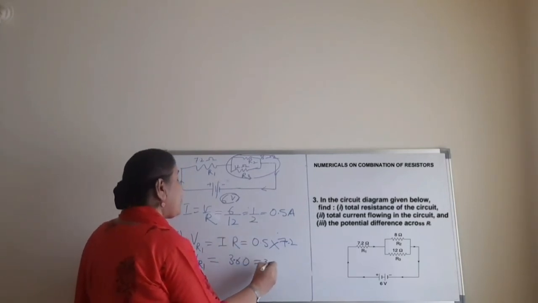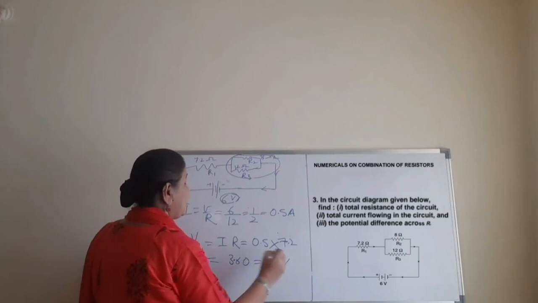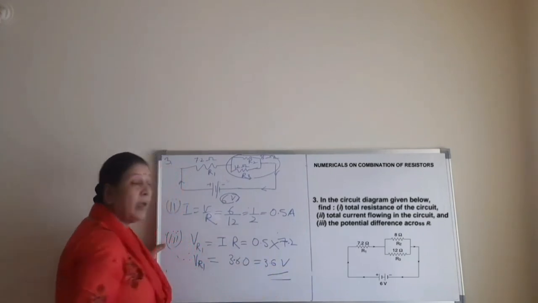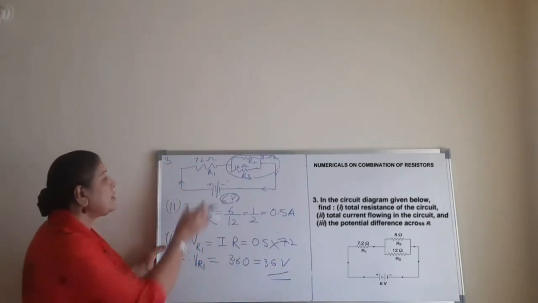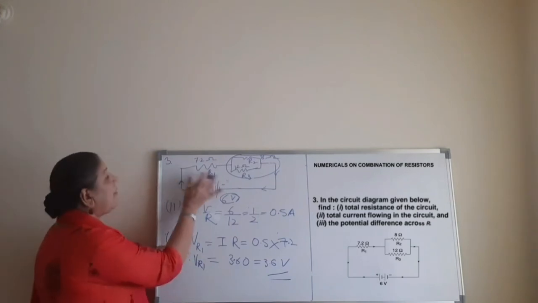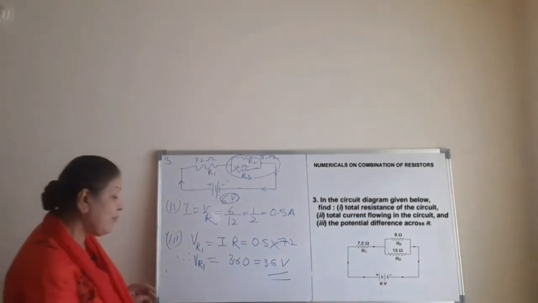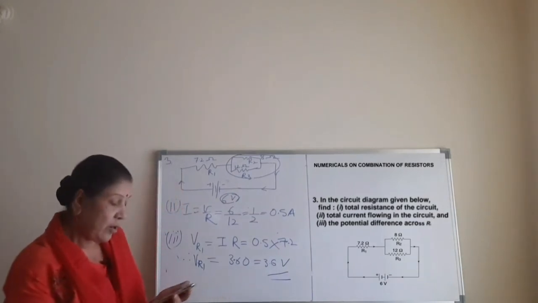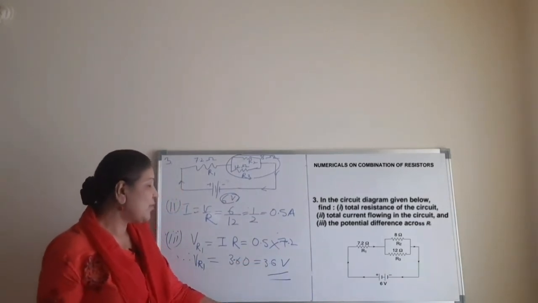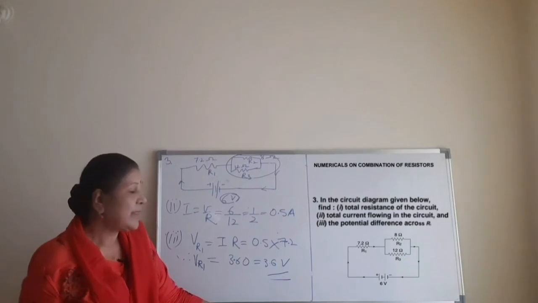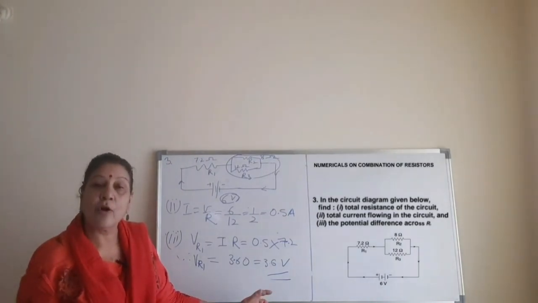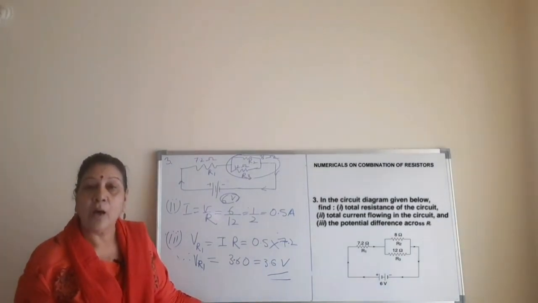So 3.6 volt is the potential difference across R1, across the 7.2 ohm resistor. That is what we have to find. Yeah, the potential difference across resistor R1.